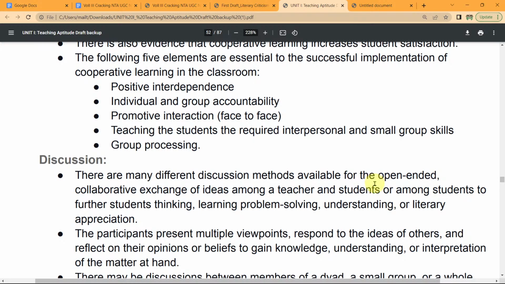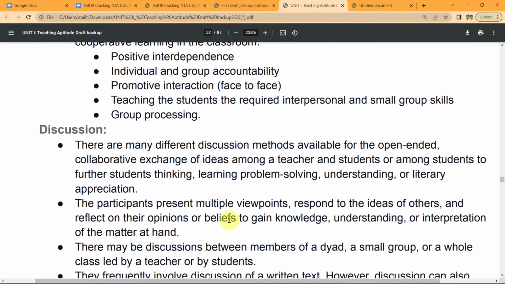Okay, not on. So by the name you will understand, discussion, where everybody takes part, even teacher and students, and it requires thinking, learning, problem solving skills, understanding, and literary appreciation.